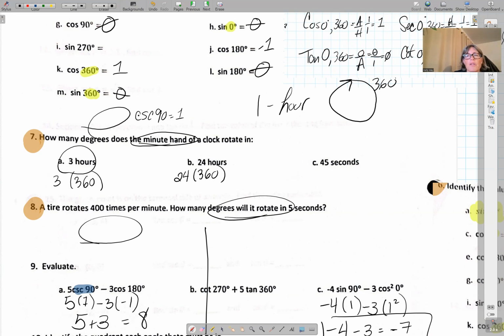So careful here. In 1 minute, you're going to go 1 degree, right?